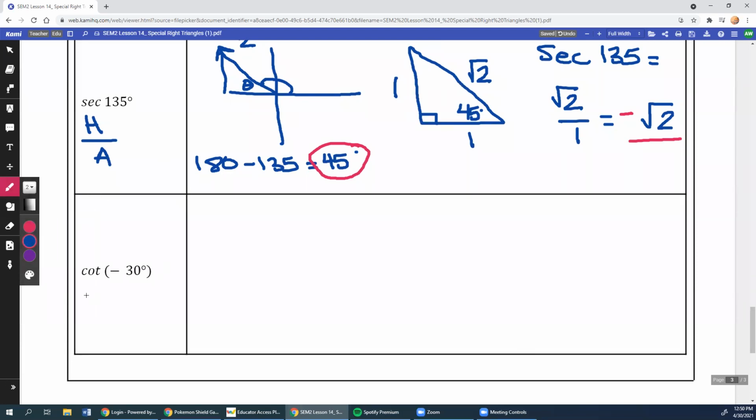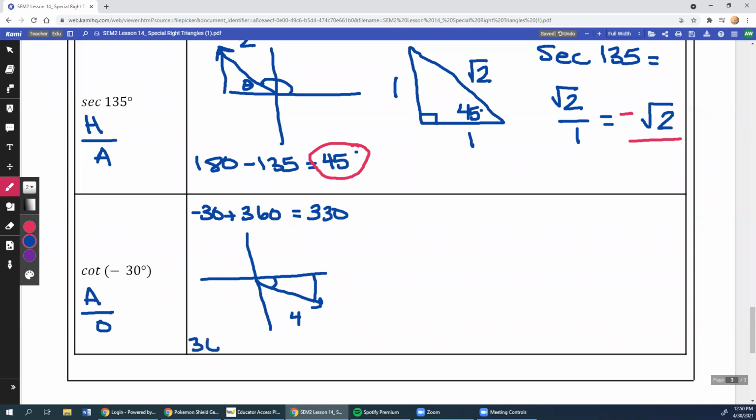And finally, last one, cotangent of negative 30. Cotangent is adjacent over opposite. So negative 30 is right here. We're in quadrant 4. Negative 30 plus 360 is equal to 330.